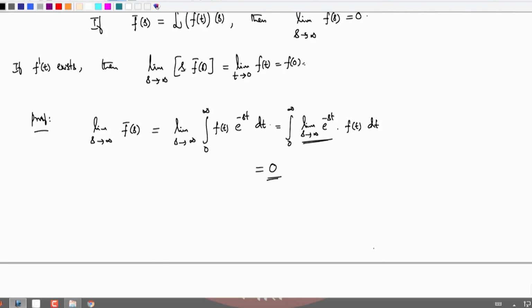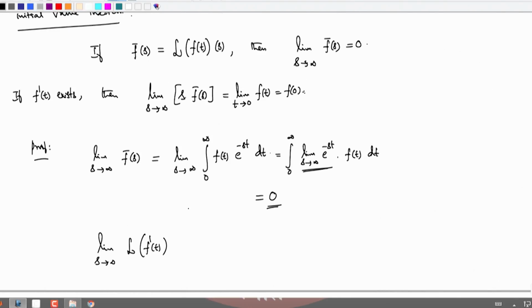The second part is this: if it exists, you look at the same way the limit as s goes to infinity of the Laplace transform of f dash of t. If this Laplace transform exists, this should also go to 0 by the earlier argument.